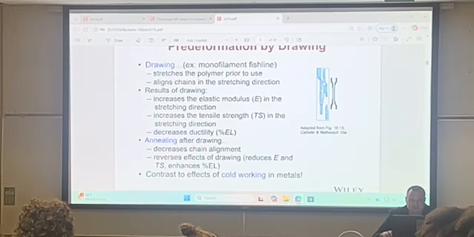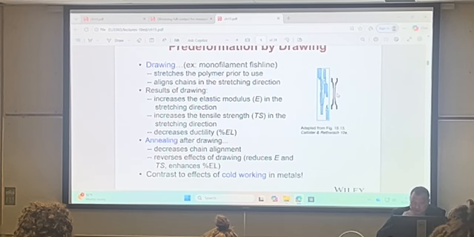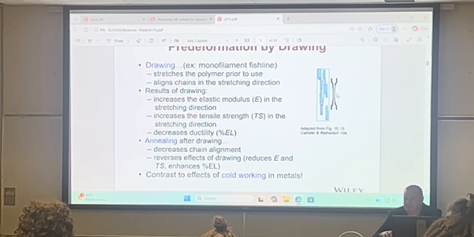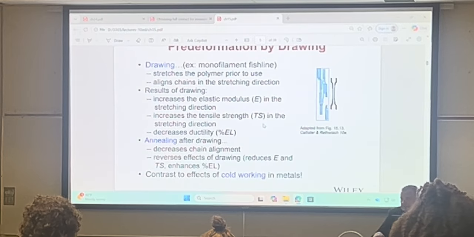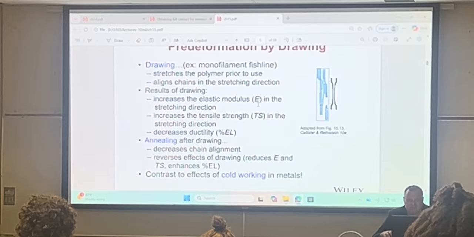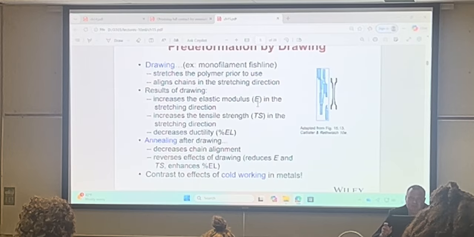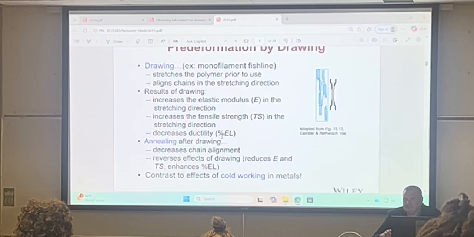As a result, there's an increase in the elastic modulus along the stretching direction and also an increase in the tensile strength along the stretching direction, but a decrease in ductility or percent elongation. So all similar to metals, all of this processing affects this. You make the material tougher, stiffer, but at the same time, you reduce its ductility.